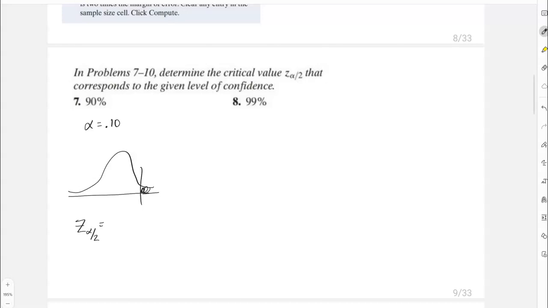So we're going to take that 10% and split it between the two tails. So we're going to have 5% in each tail. So we're going to have z of 0.10 over 2, which is z of 0.05.